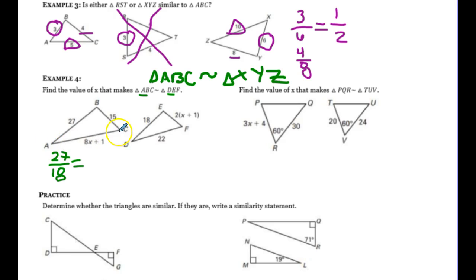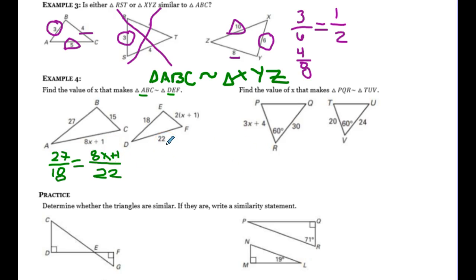So I know that AC must be in proportion with DF. So I can say 8x plus 1 must be similar to or in proportion with 22. So now I've got this proportion that I need to solve.